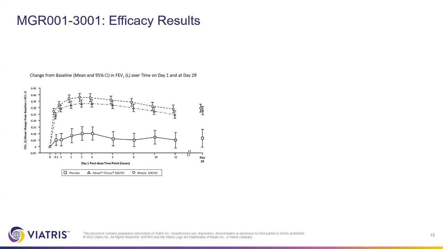Our data, though, was as good as we could have hoped, I think. And this graph just shows FEV1 at the bottom, the placebo effect, 0 to 12 hours on day 1 as the beginning of that graph, and to the far right-hand side, the day 28 placebo effect, and then above that, Wixela and Advair largely overlapping.